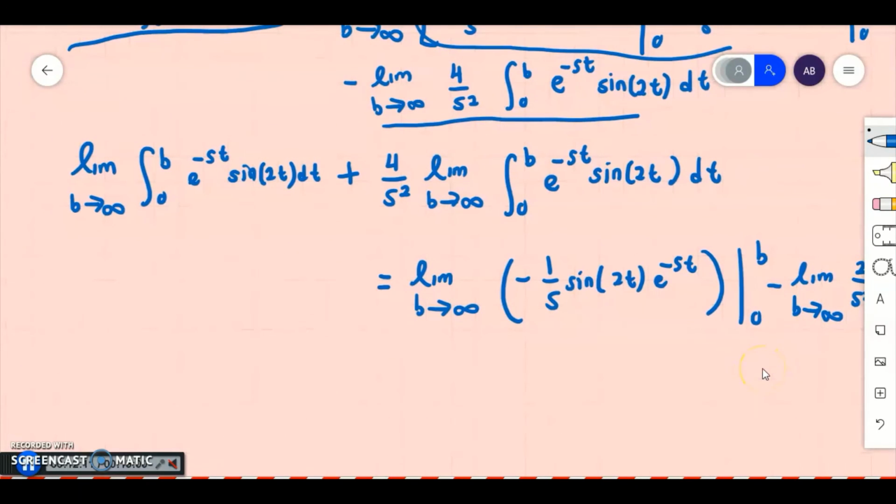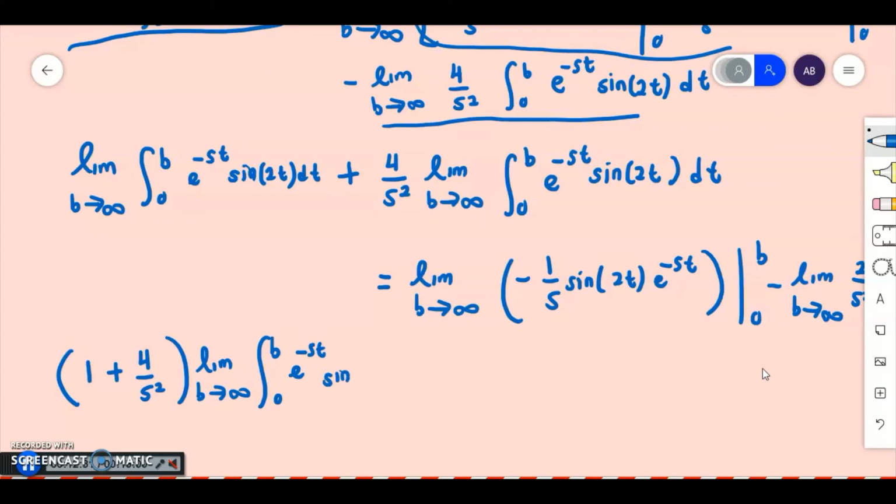Factoring this one out, I have 1 plus 4 over s squared, limit b approaches infinity, integral from 0 to b of e to the negative st sine 2t dt, which is equal to this whole thing here.